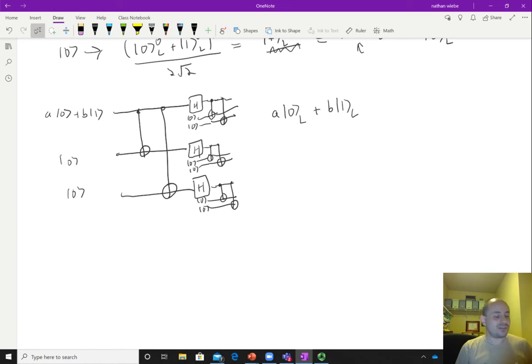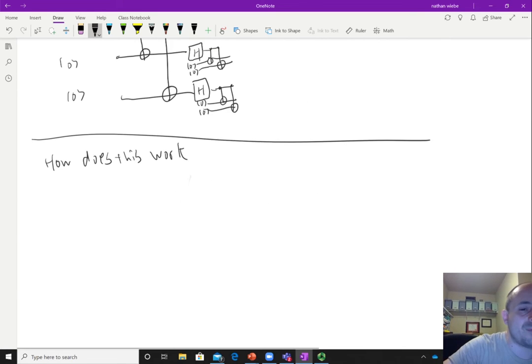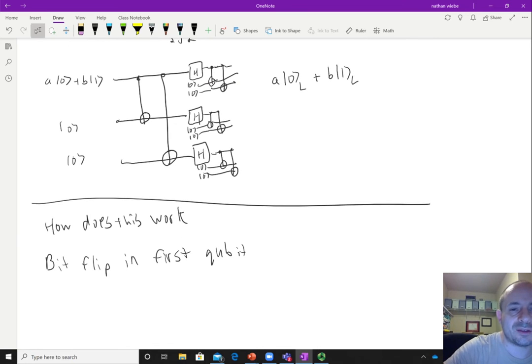And so let's take a look at how the Shor code ends up working. Let's say we have a bit flip in the first qubit. That would be an example of something like we have this encoded circuit, and then we would apply an X gate up here.